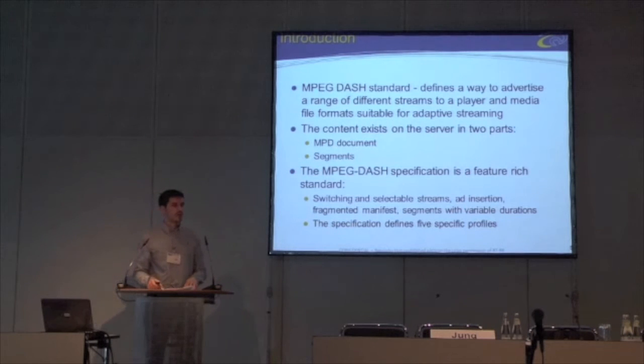Each profile defines a set of constraints, limiting the MPD document and segments to a subset of features of the entire specification. Therefore, the DASH client needs only to implement those features that are required by the profile that it implements.